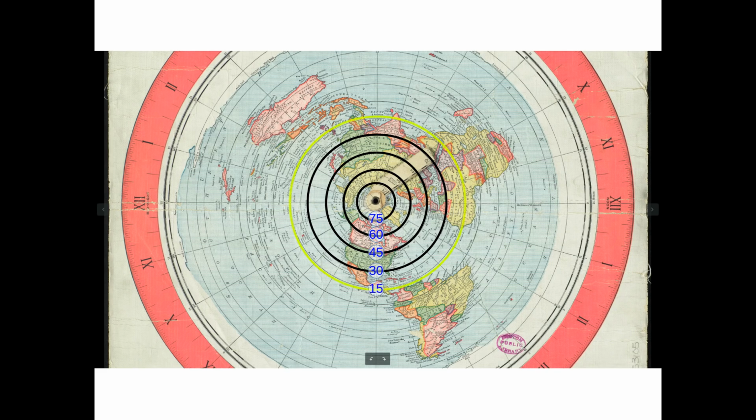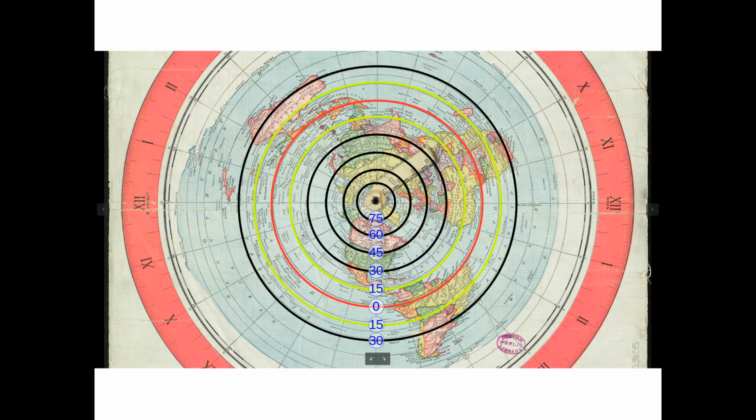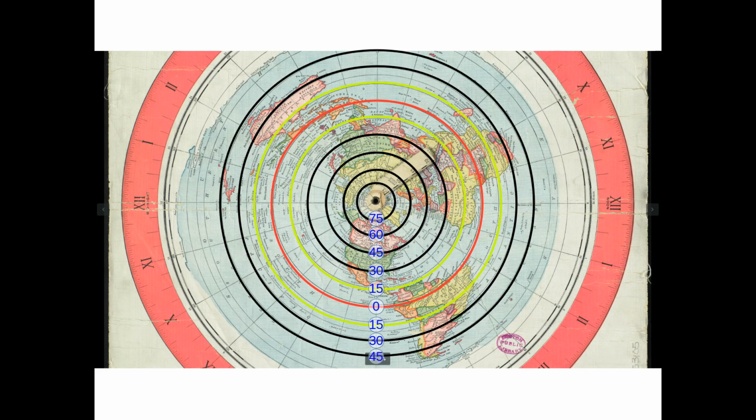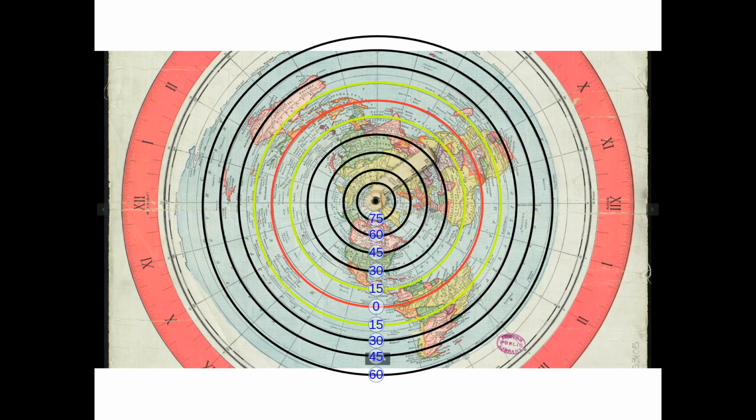Then we got the 15-degree, which is the Tropic of Cancer. And then comes the equator, which is the 0-degree line. And now we head south. So now we have 15 degrees south, which is the Tropic of Capricorn. And then 30 degrees south. And then 45 degrees south. And then we have the 60 degrees south.